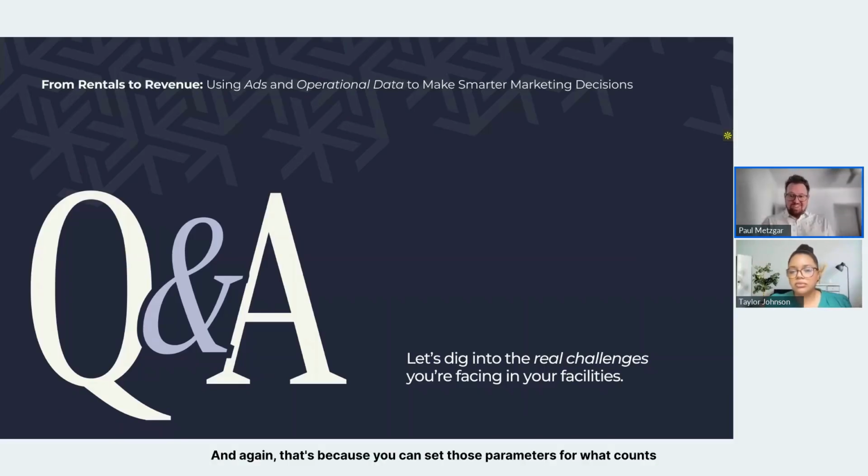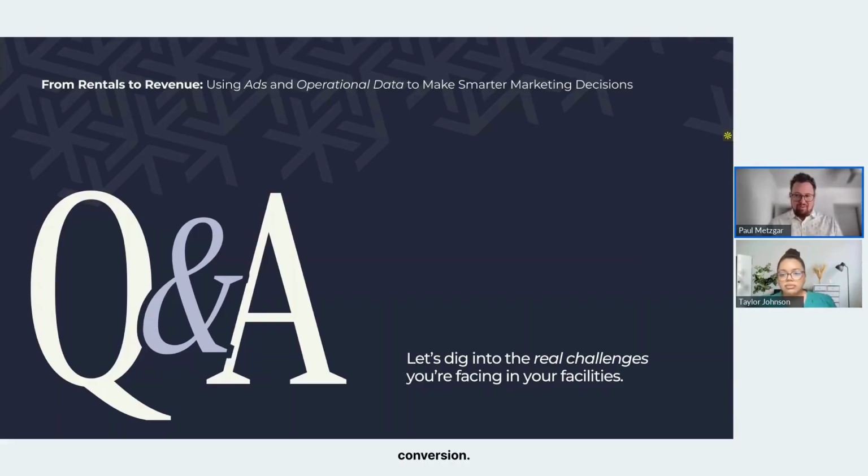And that's because you can set those parameters for what counts as a conversion. So one account may show $2 per conversion, another one $300 per conversion. It's easy to think one is better than the other, but you have to look at what that conversion is defined as. So it's more of an internal comparison when we're looking at the way that we set conversions.